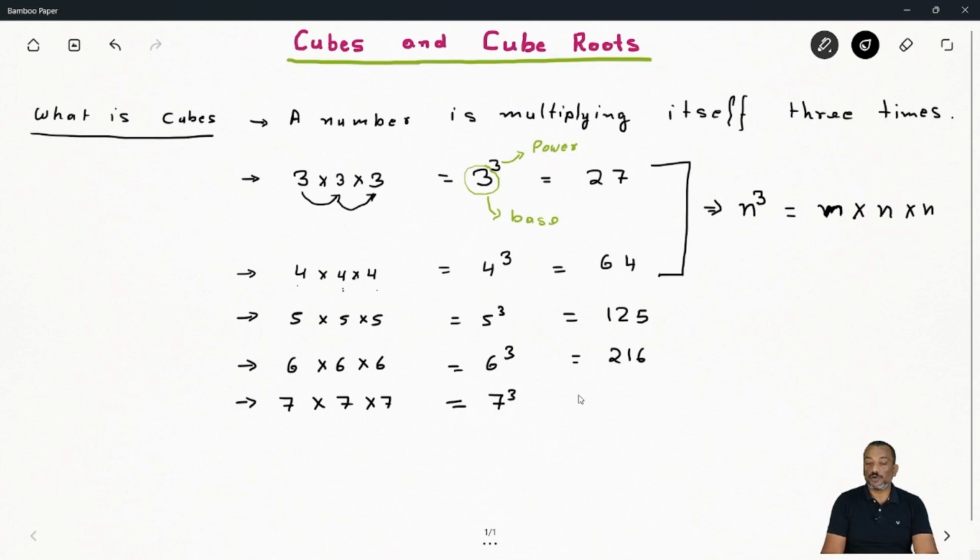Okay, so you will get 7 times 7, 49, and 49 times 7, you will get 343. Okay, same you can find both the 8 cube also. So 8 times 8, you will get how much? 8 cube. Okay, so that means you will get 8 times 8, 64, 64 times 8, 512.